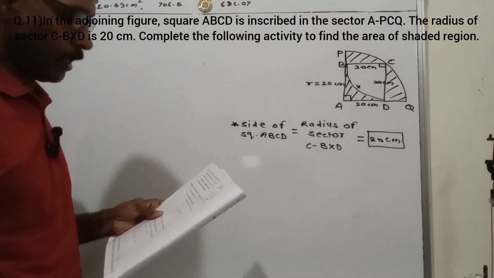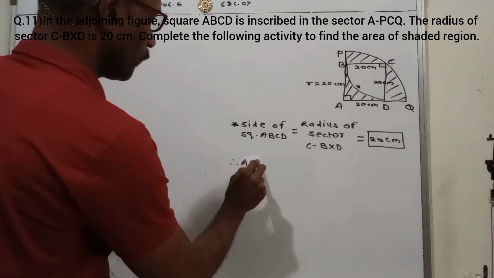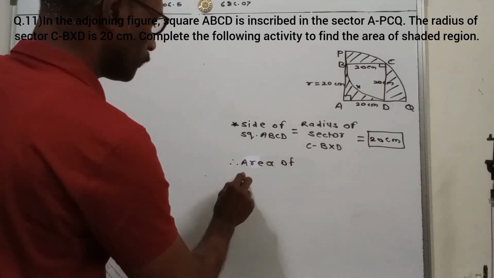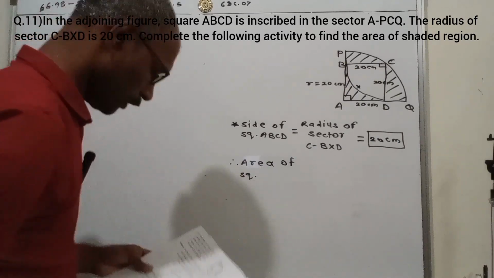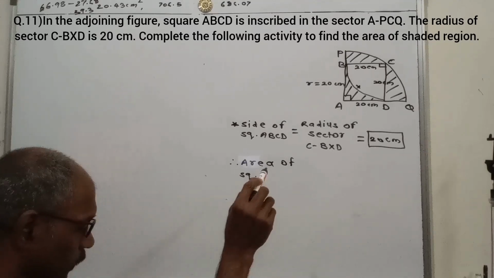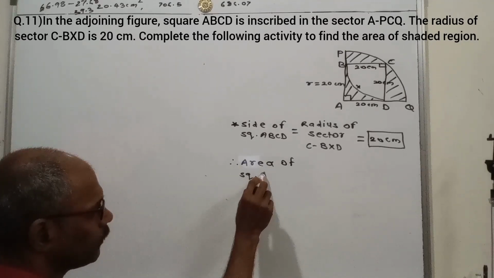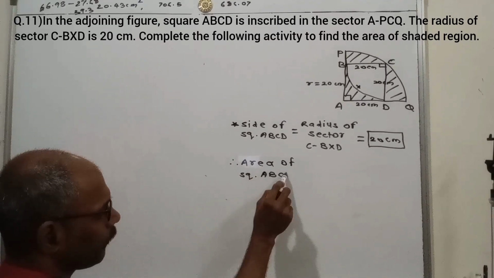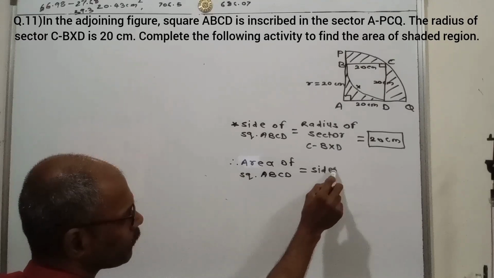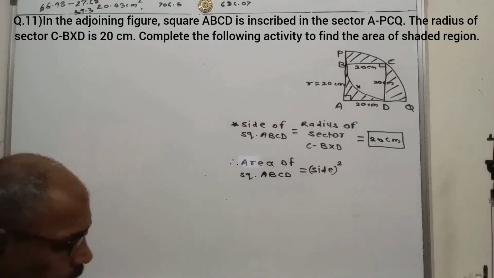Did you get it? Now we have given, therefore, area of square ABCD. Area of square ABCD is equal to formula side square.